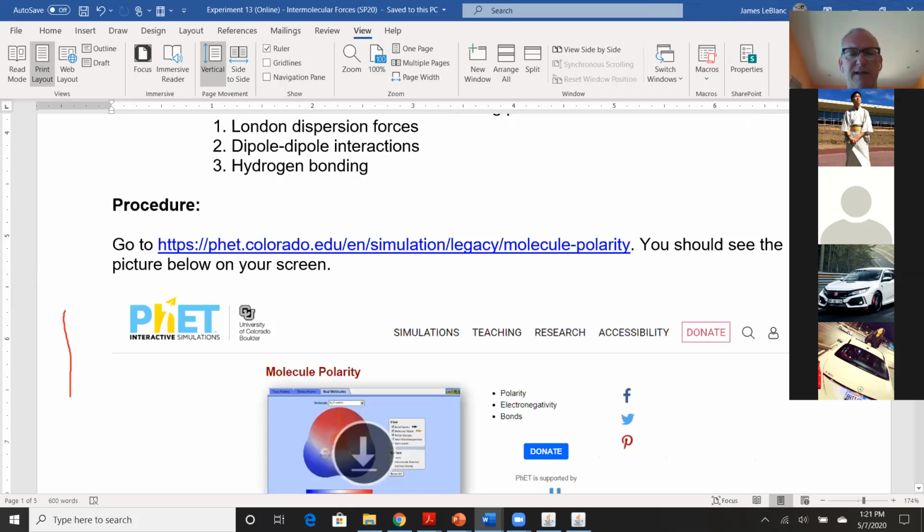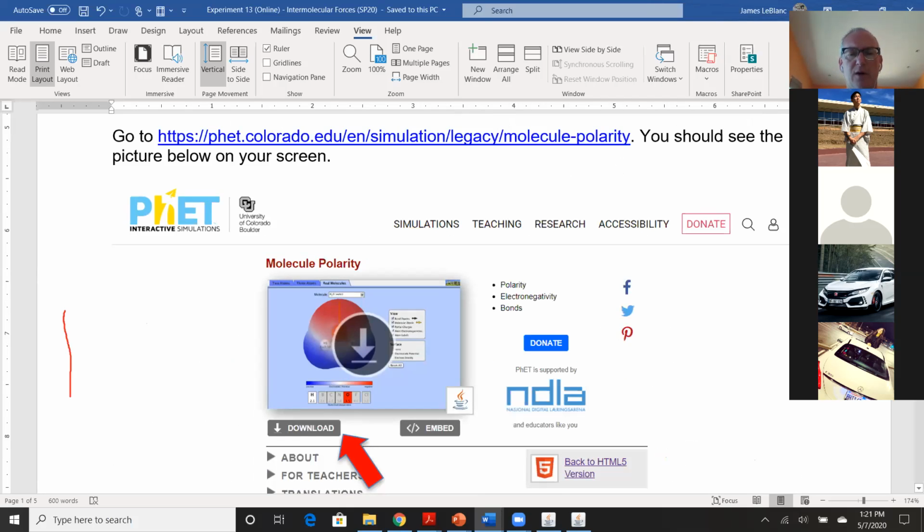So this is the screen that'll pull up when we go to the first site, and then you'll download the applet, and hopefully, fingers crossed, it'll run. I don't know if your computers will have a problem with Java or not.